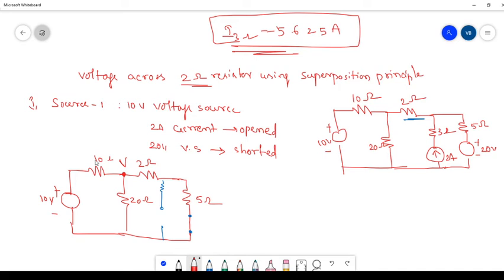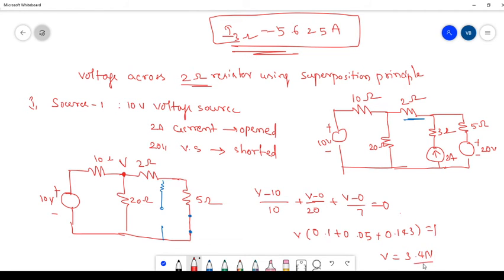Apply nodal analysis: (V minus 10) by 10 plus V by 20 plus (V minus 0) by (2 plus 5), since these two resistors are in series, that is 7, equals 0. Simplifying, V into (0.1 plus 0.05 plus 0.143), V equals 3.41 volts. This V value is 3.41 volts.